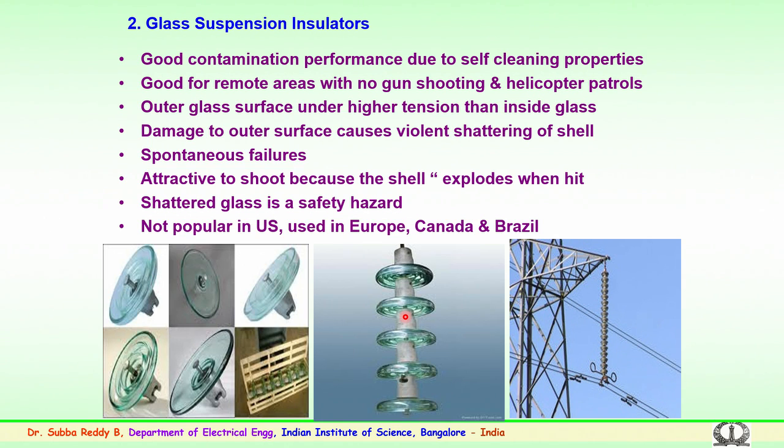So, some people take it as fun and try to bring down or shoot the insulator. Later, the shattered glass is a safety hazard, and disposing of the shattered glass is an environmental issue.